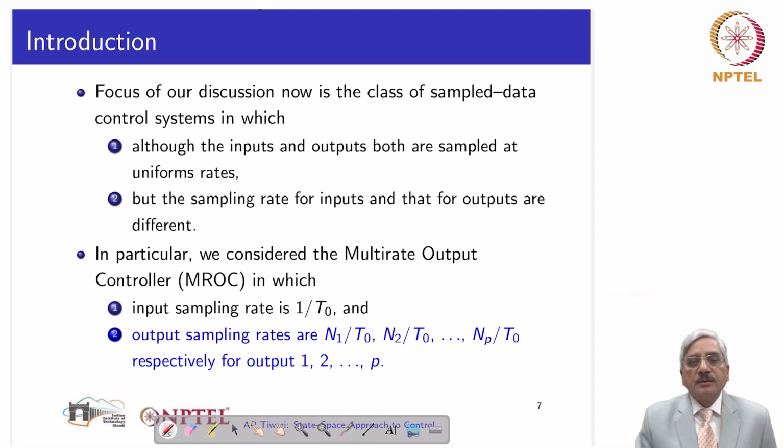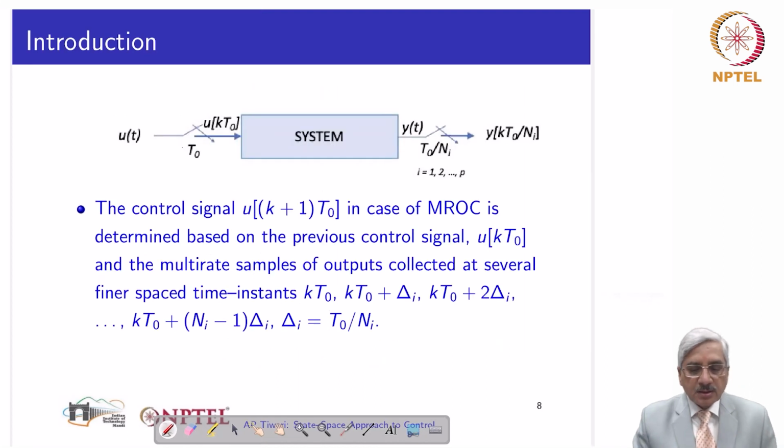N1, N2, N3, etc. are integers, meaning that the output is sampled at a faster rate than the input. And also these integers need not be equal. They are allowed to be different.